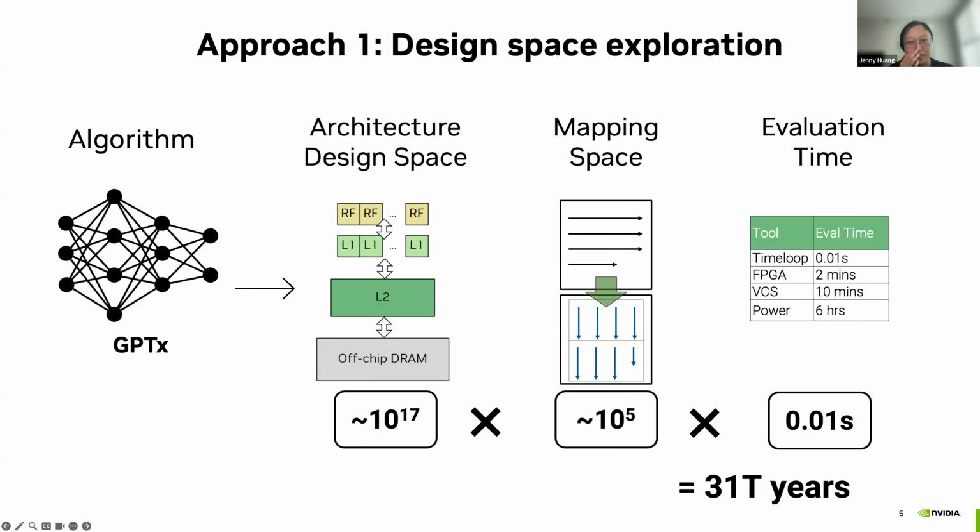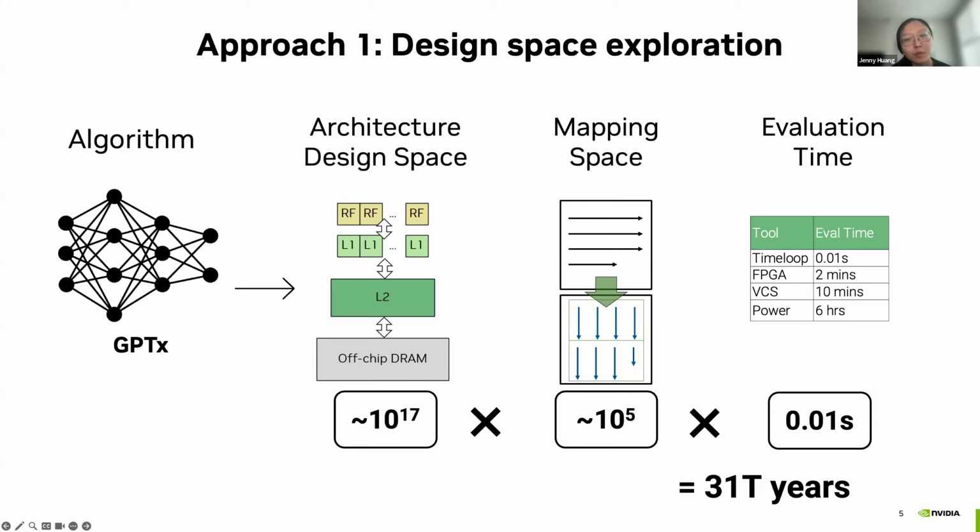But if you look at the size of the typical architecture design space we use for Simba or spatial accelerator design for ML, it's very big, especially considering that we're not only changing the architecture space, we also need to find the best mapping to fully map this workload to exploit these different hardware capabilities, right?